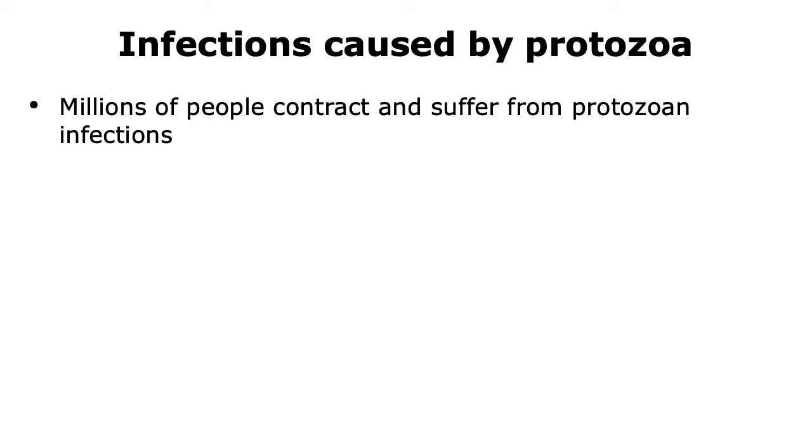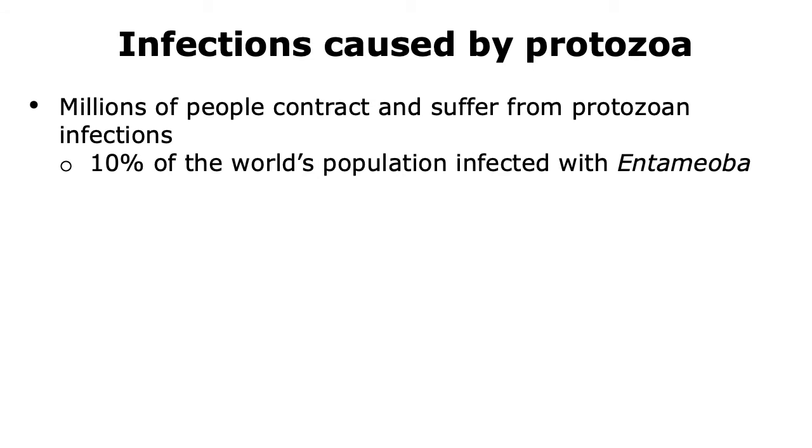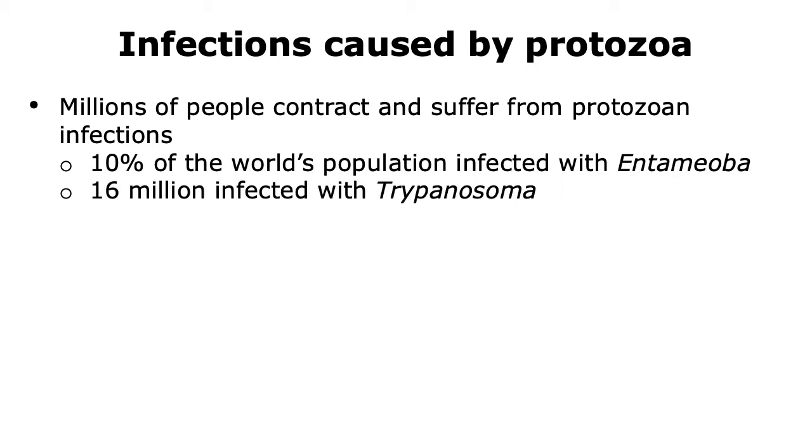Protozoans are a significant source of disease as millions of people contract and suffer from infections caused by protozoa. For example, 10% of the world's population is infected with the protozoan Entamoeba histolytica. On the other hand, 16 million are infected with the protozoan Trypanosoma.